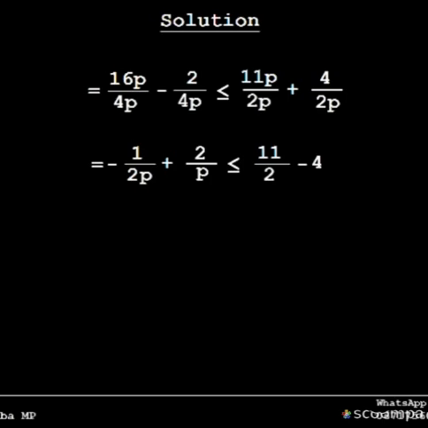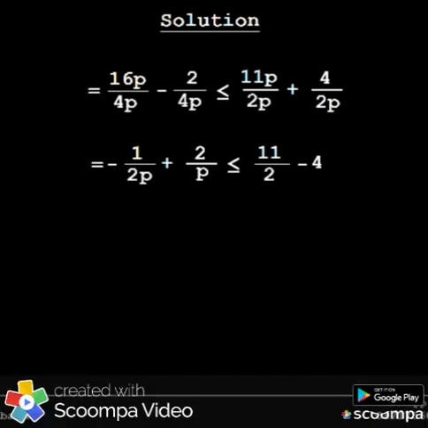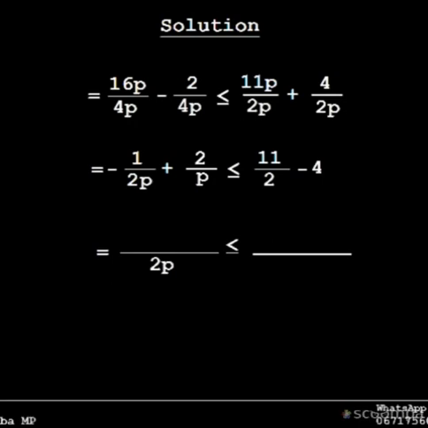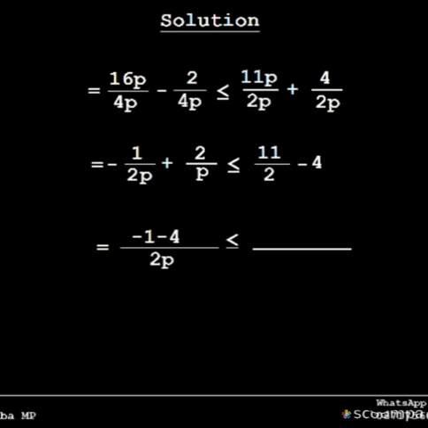We can add or subtract the terms by using the LCD as fractions are involved. The LCD on the left-hand side is 2p. After using the LCD to subtract the fractions on the left-hand side, we will have minus 1 minus 4 all over 2p. The LCD on the right-hand side is 2.